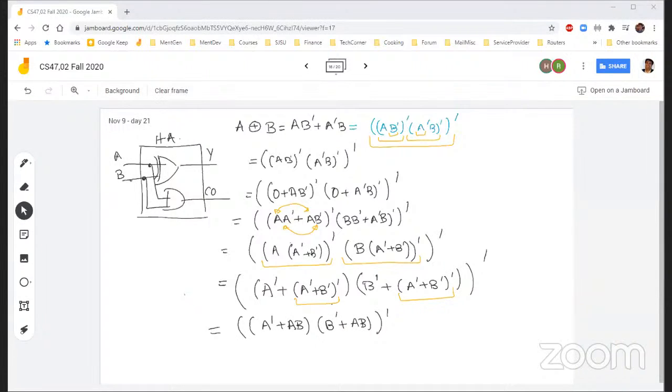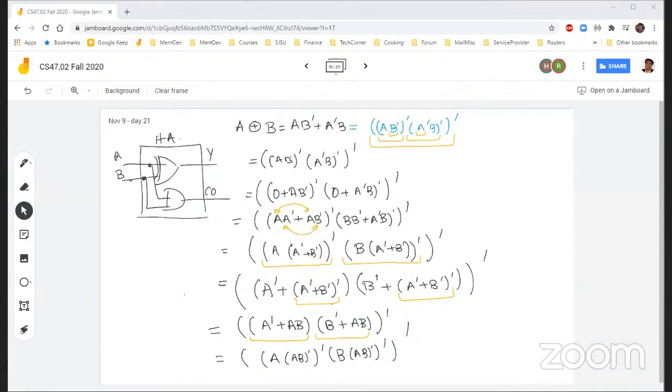Okay, now apply De Morgan again on these terms. So this will become something like A, AB whole bar, and B, AB whole bar, whole bar whole bar.